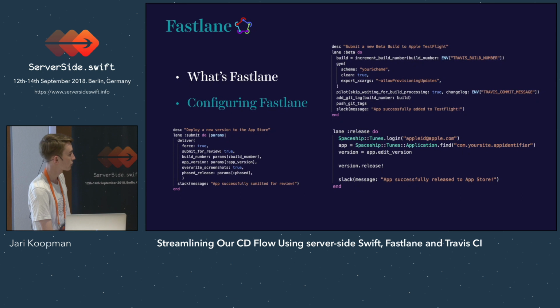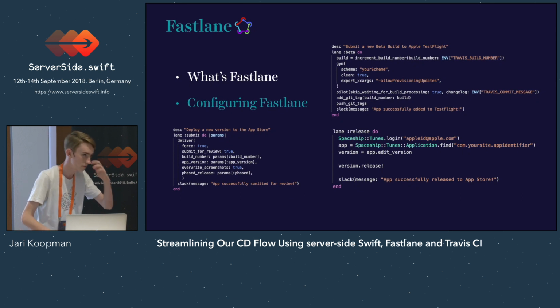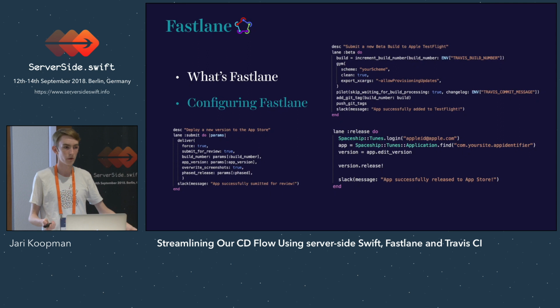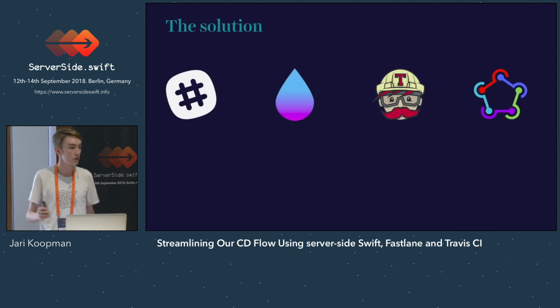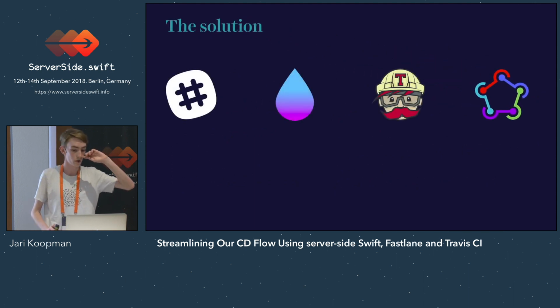If we do find the version, we release it and we put it on Slack, like, hey, we've released this new version, go check it out. Within 10 minutes, it will be available on the App Store because Apple takes some time to update those things. So that's it for Fastlane, which basically concludes our entire flow.